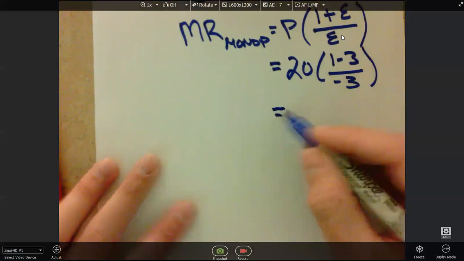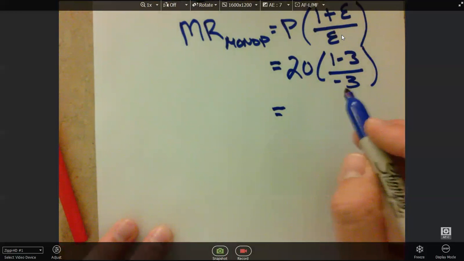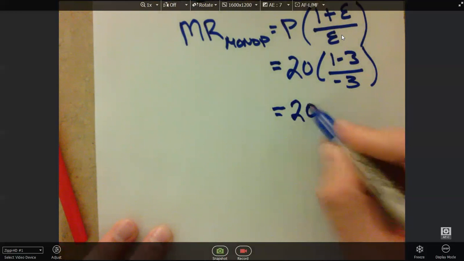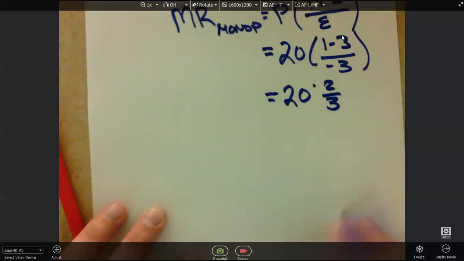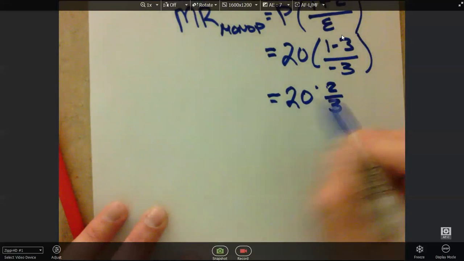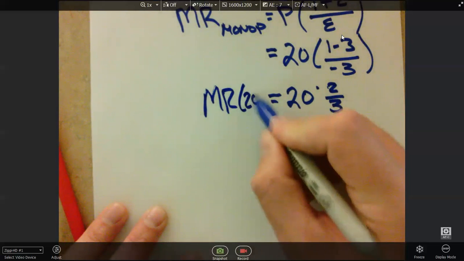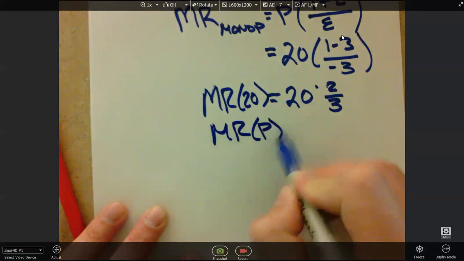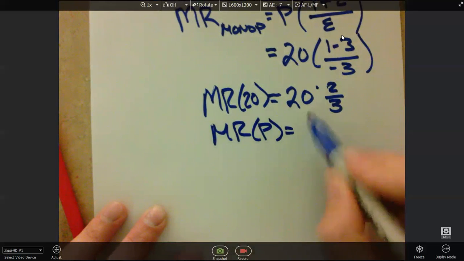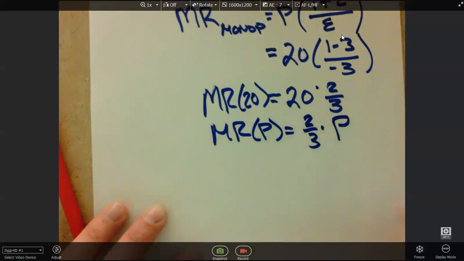That ends up giving us 20 times 2/3. So this is the marginal revenue at 20. But we're asked for just the marginal revenue in general, so we would just substitute out that 20 for P. So it's just 2/3 times P.